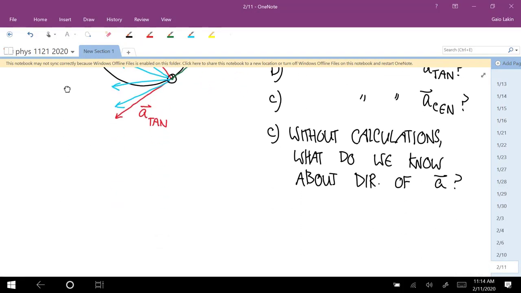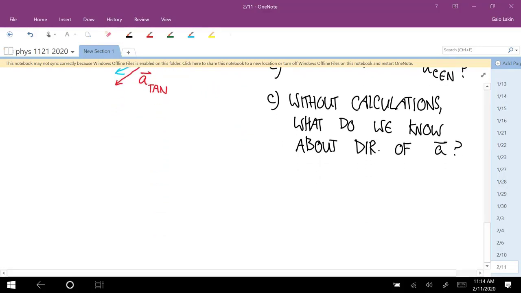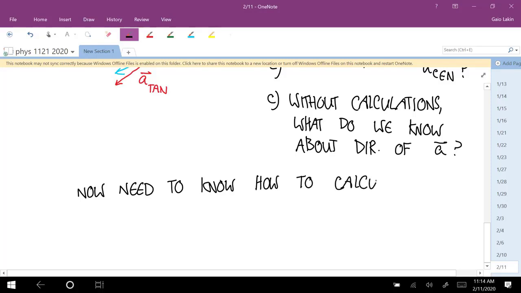All right, so now we need to learn how to calculate the magnitudes of these vectors, because we already know the directions.